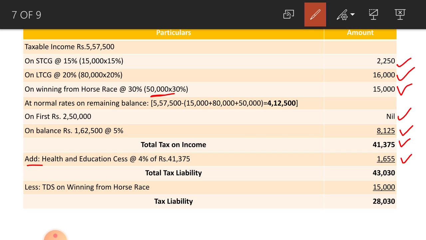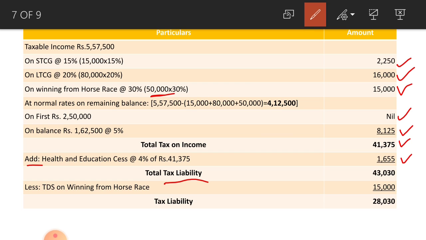When you add this one, you get total tax liability 43,030 rupees. From this, you have to deduct the TDS on winning from horse race. You know why this amount should be deducted, because TDS means tax deducted at source. While receiving the income only, tax was deducted, so no need to pay extra tax.